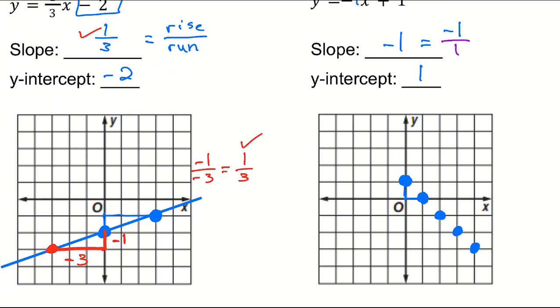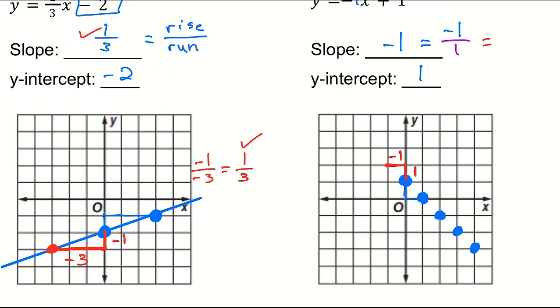And again, like the one that I talked about on the left side of the screen, you can go in the opposite direction. I could just show you this. I could go up 1 for a positive rise, and left 1 for a negative run.